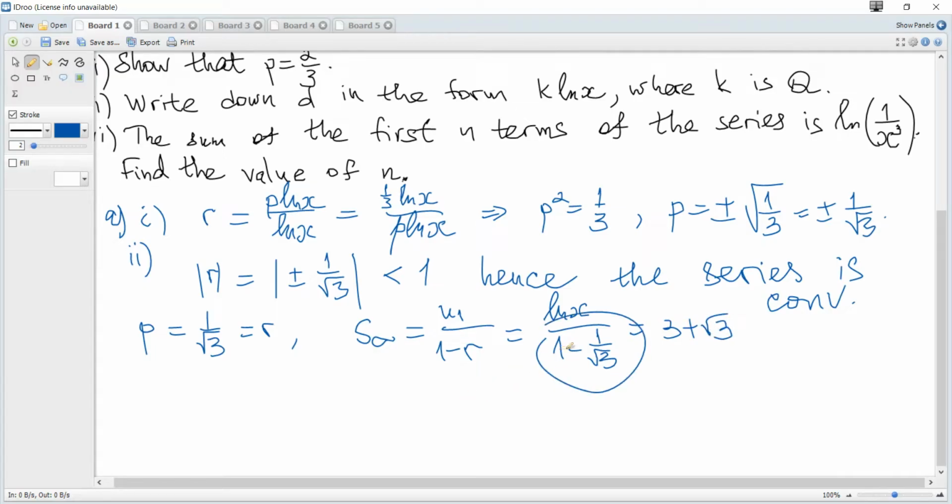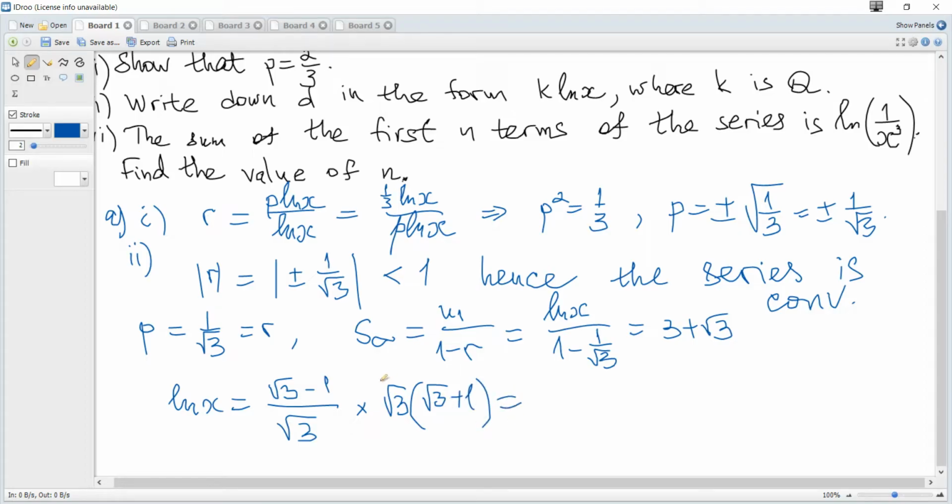We multiply both sides by this, and we can make a common denominator, hence ln x is root 3 minus 1 over root 3 multiplied by 3 plus root 3, and we can factor out root 3, and it becomes root 3 plus 1. It cancels, and we can see that it's the formula a minus b, a plus b, which is a squared minus b squared, and it's just 3 minus 1, it's 2.